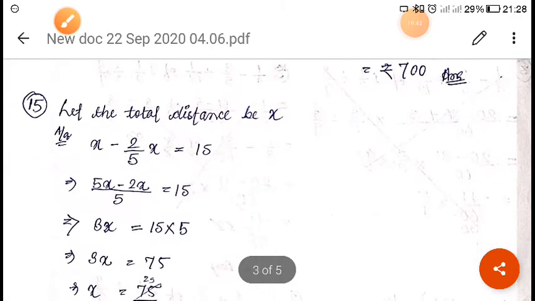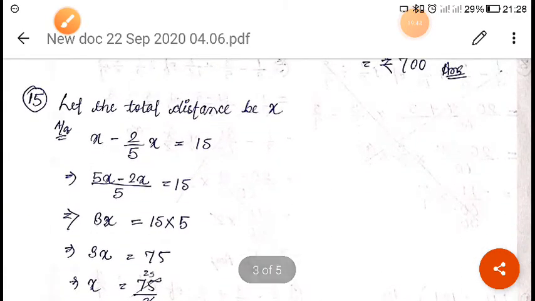Now next is question number 15, which is the last question. Suppose the total journey is x.